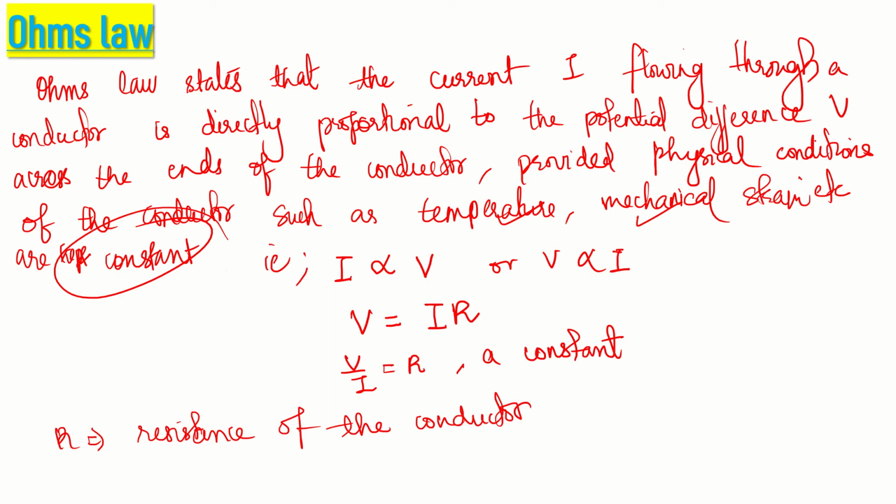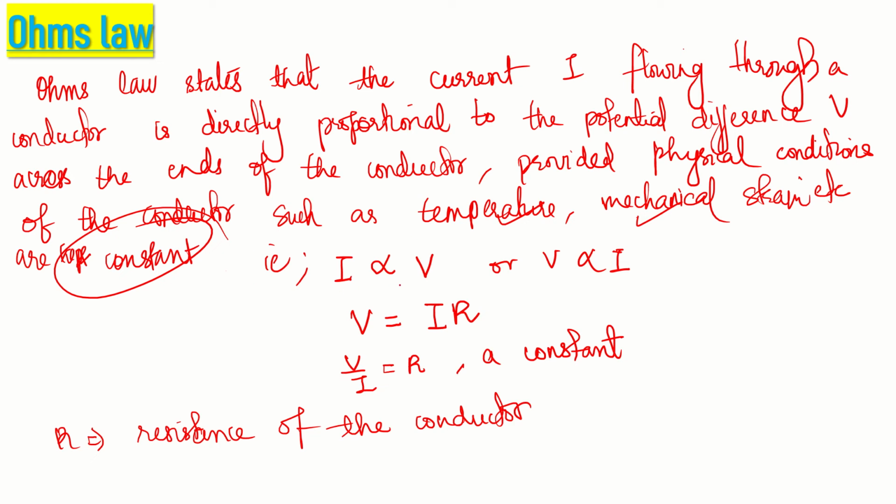So Ohm's law states that the current I flowing through a conductor is directly proportional to the potential difference V across the ends of the conductor, provided physical conditions of the conductor such as temperature, mechanical strain, etc. are kept constant.